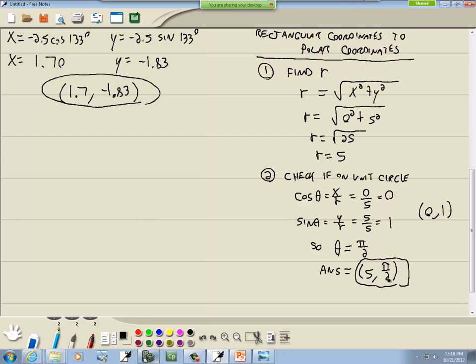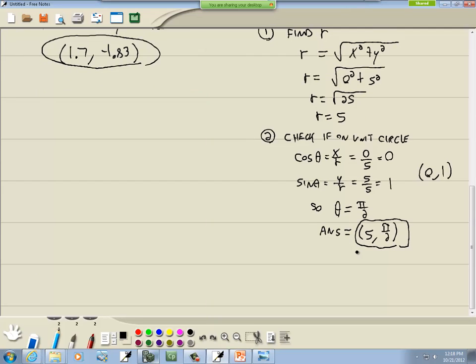Now, if it's not on the unit circle, let me go ahead and write these steps down here. If not on the unit circle, we want to use tangent theta is equal to y over x, or theta is equal to inverse tangent of y over x. Now you could also think of that as arctangent. Those symbols are the same.